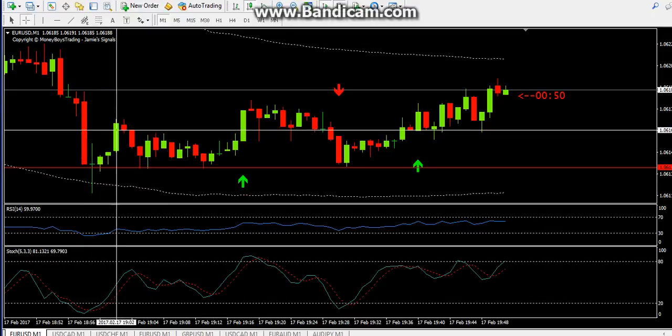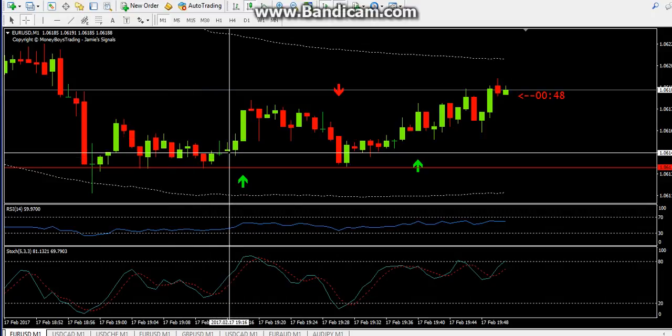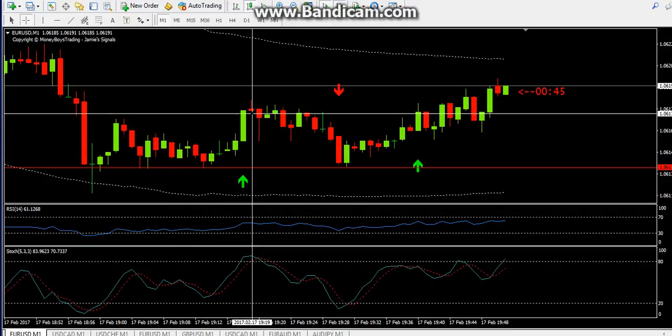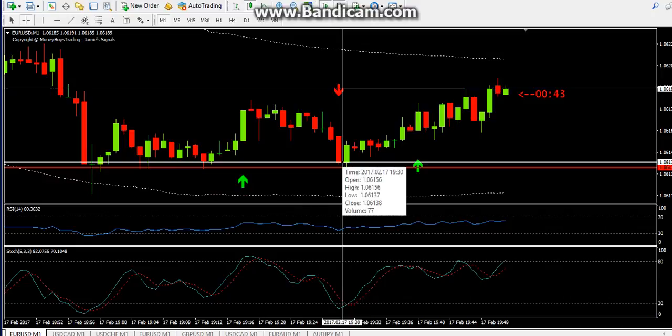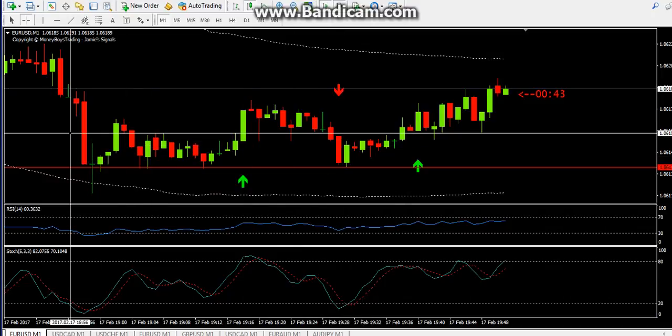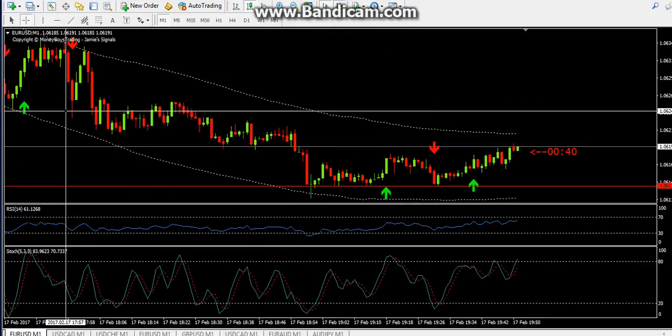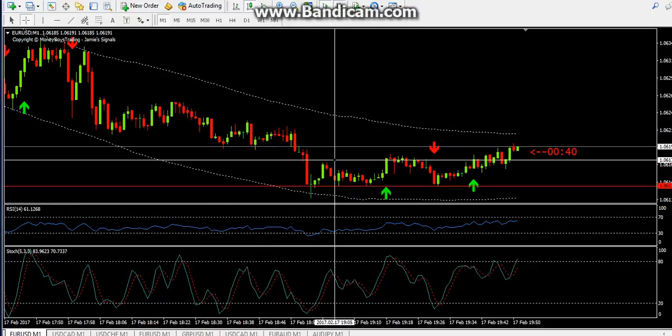Then we had this consolidation bit, and then a nice bullish move, and then another pullback. It's not the perfect example of a W, but to me, I can spot it's a W.